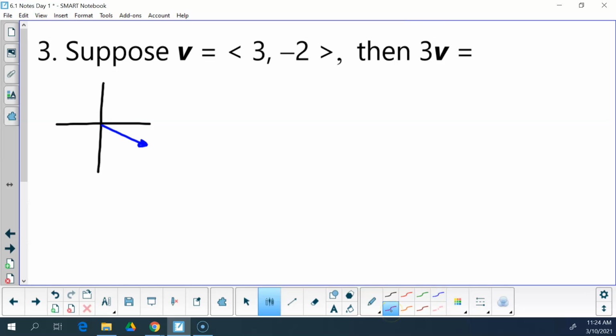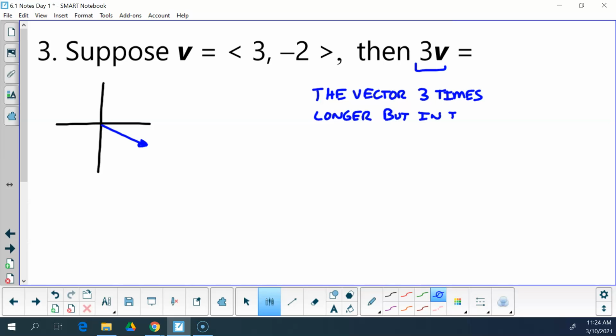Well, the vector 3V is the vector three times longer, but in the same direction.